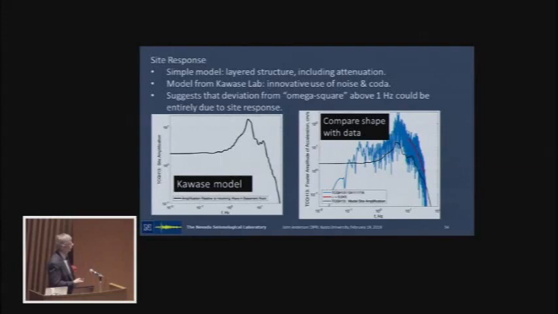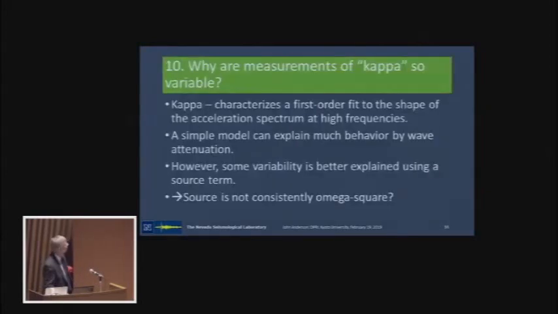And if you look at the shape of that peak compared with the shape of the observations, there's a fair bit of agreement. This line is just offset downwards for clarity. So this might suggest that the source spectrum itself could generally be considered to be flat, and what we would call omega squared, where the acceleration source spectrum is flat.